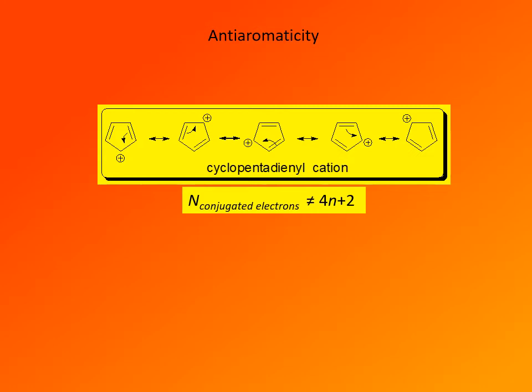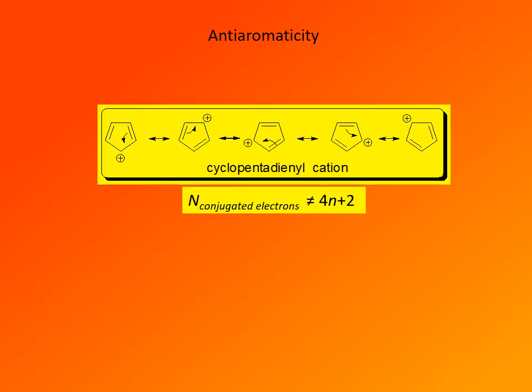One example is the cyclopentadienyl cation. According to valence bond theory, we can draw 5 equivalent resonance structures, and we would expect that this compound would be stabilized by electron delocalization, and it actually should be easy to prepare. In fact, the cyclopentadienyl cation is extremely unstable, cannot be prepared, and is one of the species that Hückel has identified as anti-aromatic.